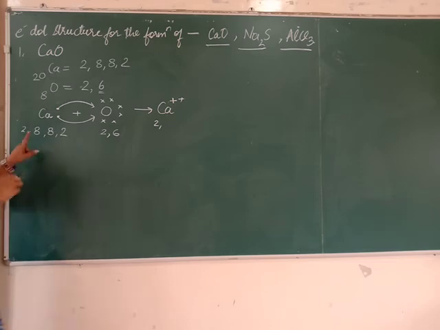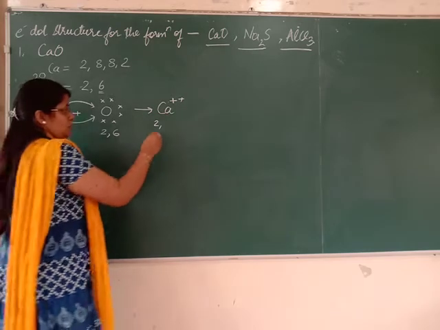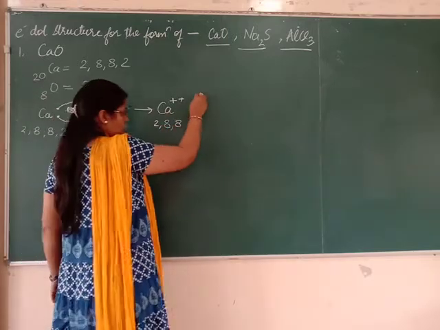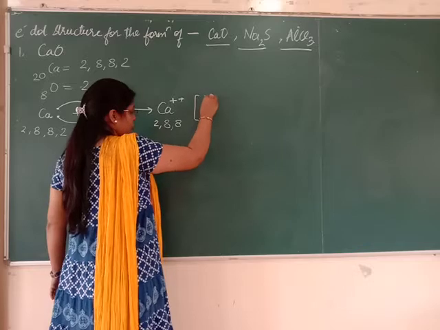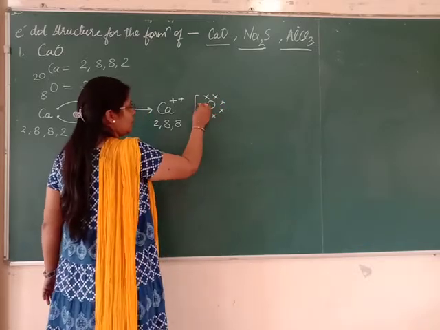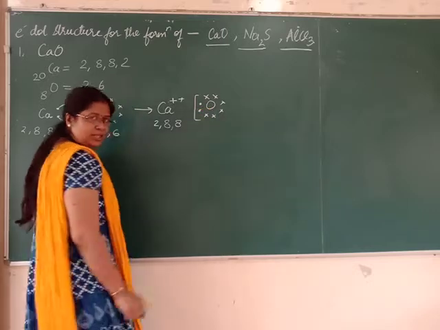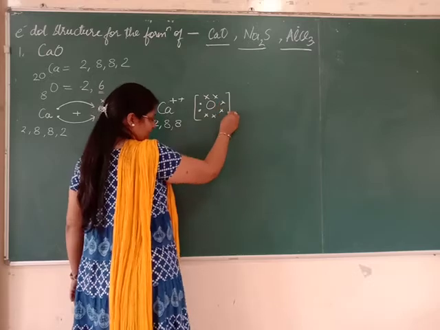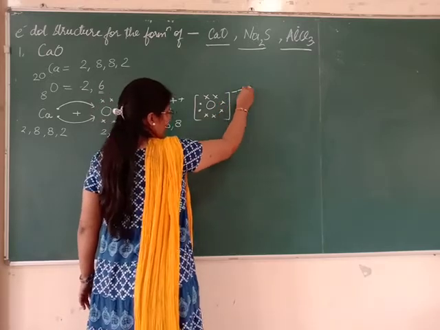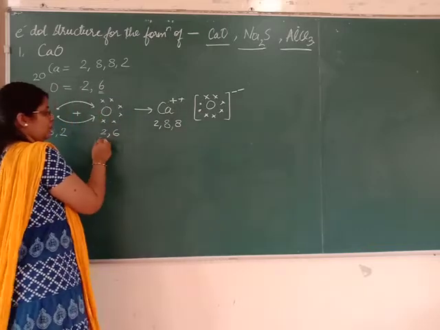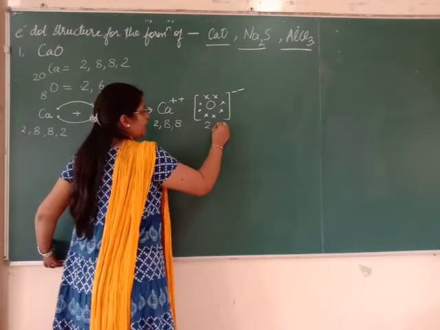Electronic configuration becomes 2, 8, 8. These 2 electrons are gone to oxygen. Oxygen already had 6 electrons in the outermost shell, plus 2 electrons of calcium, so it acquires a -2 charge. Electronic configuration will become 2, 8.